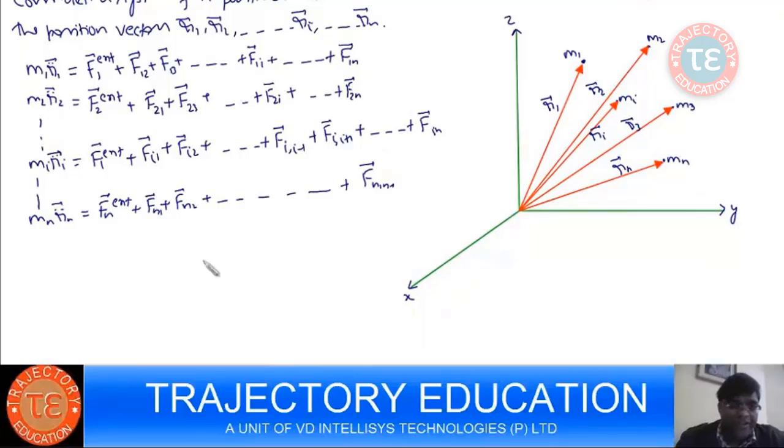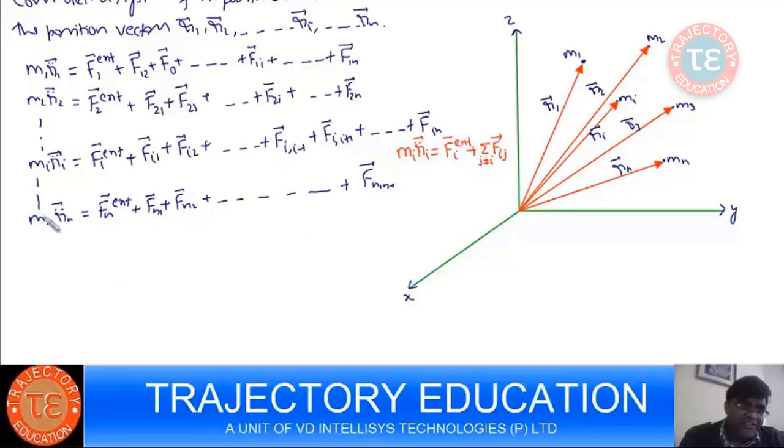So this equation can be written as mi ri double dot is Fi ext plus sigma Fij, j varying from 1 to n except j equal to i.